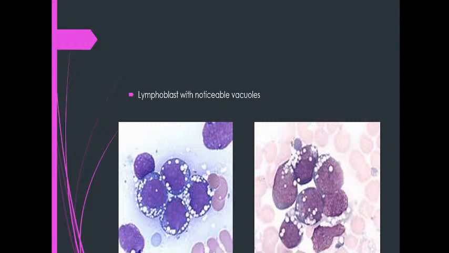May mga maliliit na bilog sa loob na parang shading. Nakita niyo siya? Tingnan niyo yung nucleus. Huwag yung vacuoles ang tingnan niyo. Parang may shading siya na maliliit na bilog. Nucleoli ang tawag doon.